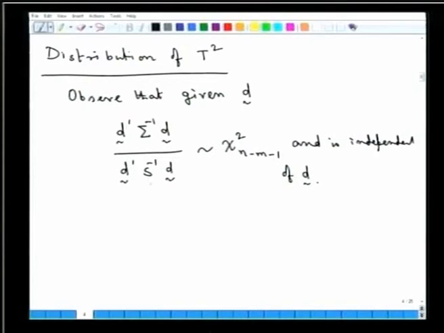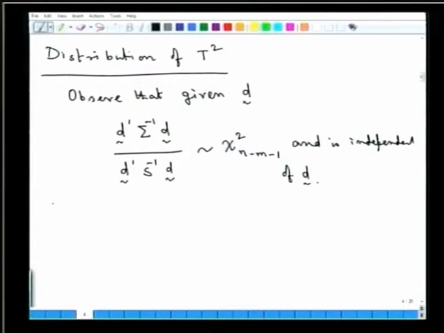We had derived this particular distribution taking it first as a conditional distribution, because given D, that is conditioned on D being a given vector, the distribution is a central chi-square on n minus m minus 1 degrees of freedom, and that is independent of D. It does not depend on the particular choice of fixing of D, and hence the unconditional distribution, which is D prime sigma inverse D divided by D prime S inverse D, has a central chi-square distribution on n minus m minus 1 degrees of freedom.